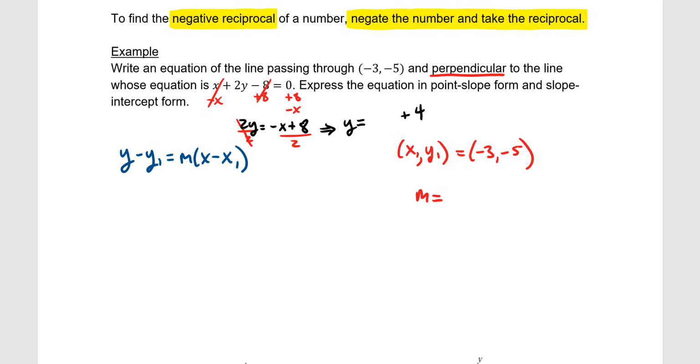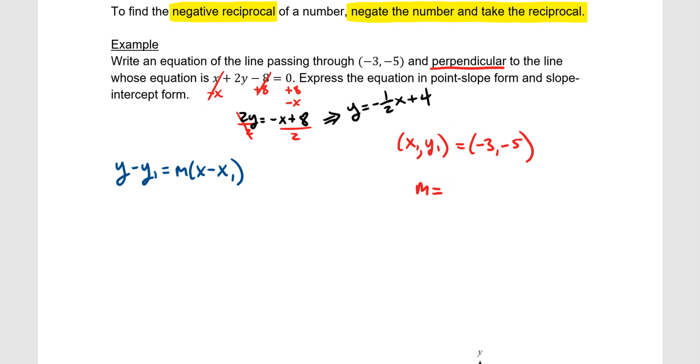Instead of writing -x over 2, I recommend writing it as -1/2 x. It's going to help us out in a second. Okay, so the slope of this line is -1/2. So the negative reciprocal of -1 over 2 is positive 2 over 1, which means our slope is 2.